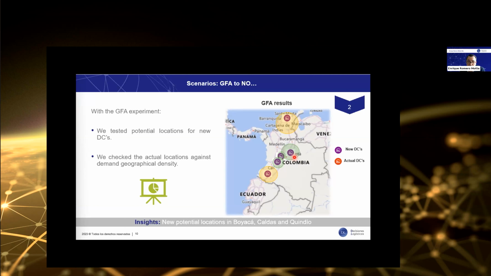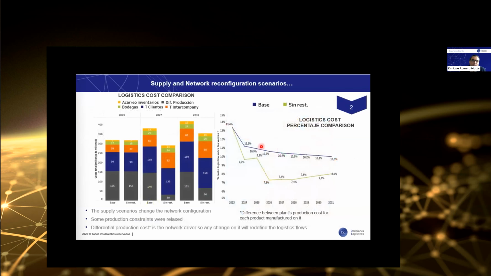But the point is, we are working with a multi-factory environment, which means that not every single factory should produce every single product. Keep this in mind, because at the end, we are going to see how this fact changes our strategy in a really important fashion. Okay, so once we created the Greenfield analysis, we modeled different scenarios.